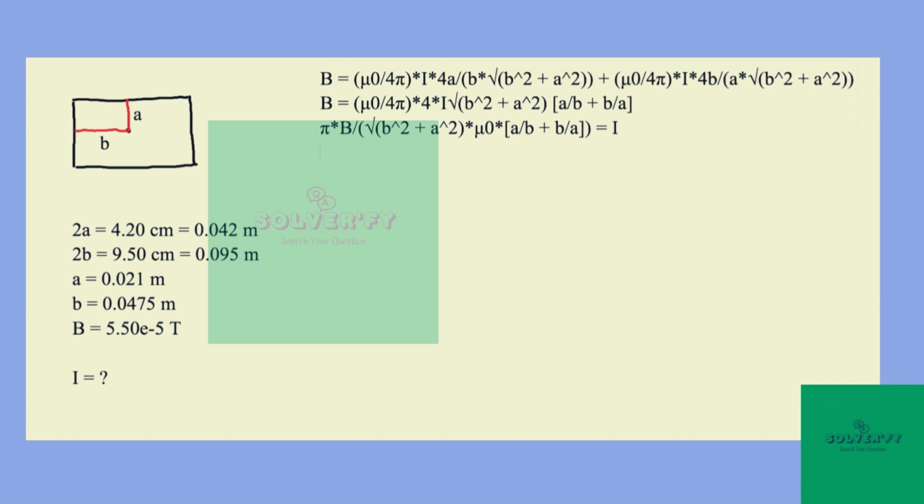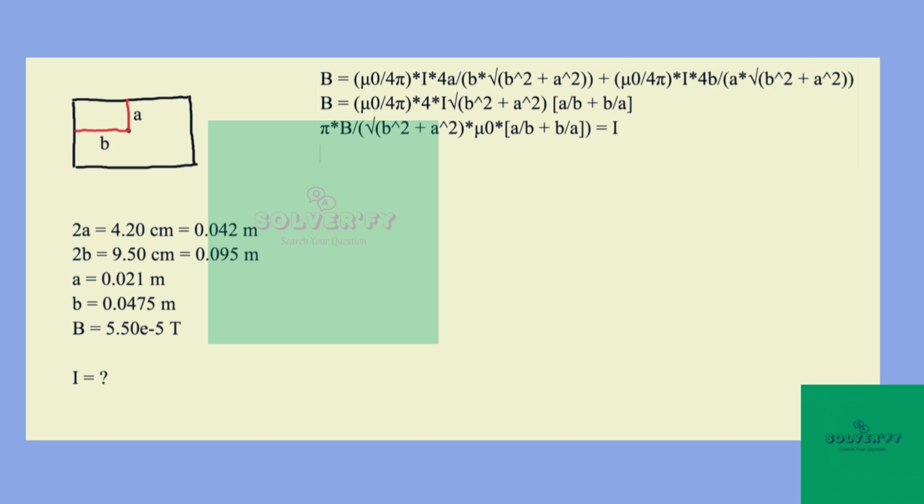So let me just make sure that this is all done correctly. So we're going to have I times the magnetic field. So B we can just plug in. We know that. Again, we know the square root of b squared and a squared. We're going to have this factor of mu naught up here.